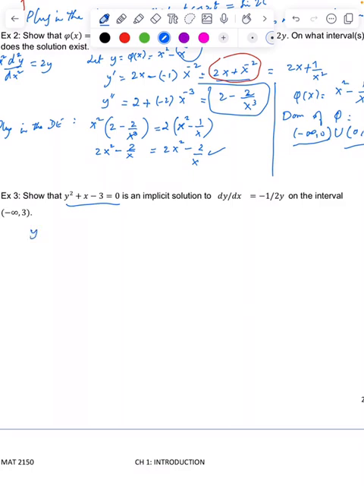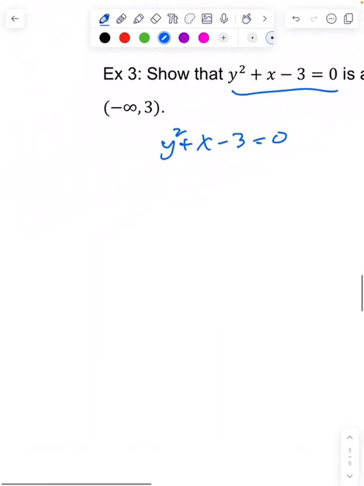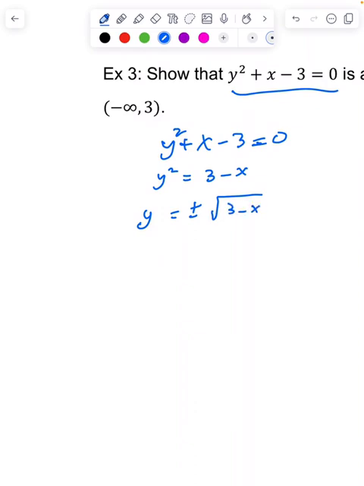So you can do this, because your solution is given in this form. We can say y squared is equal to 3 minus x. So y will be equal to plus or minus the square root of 3 minus x. Now we can check each one.